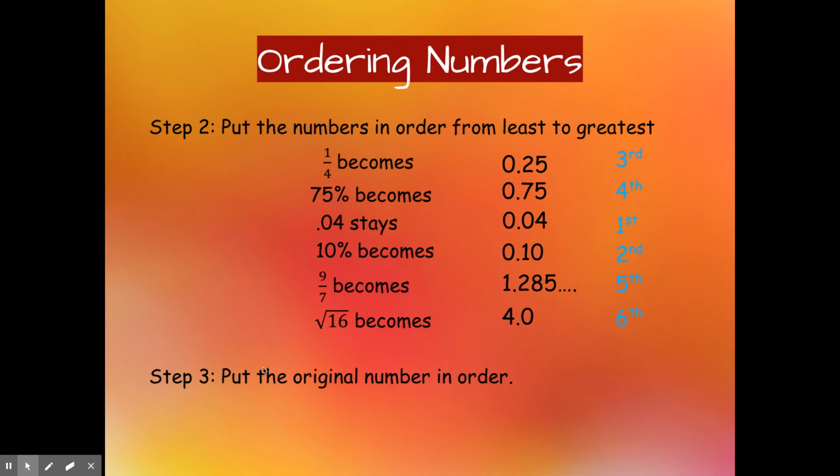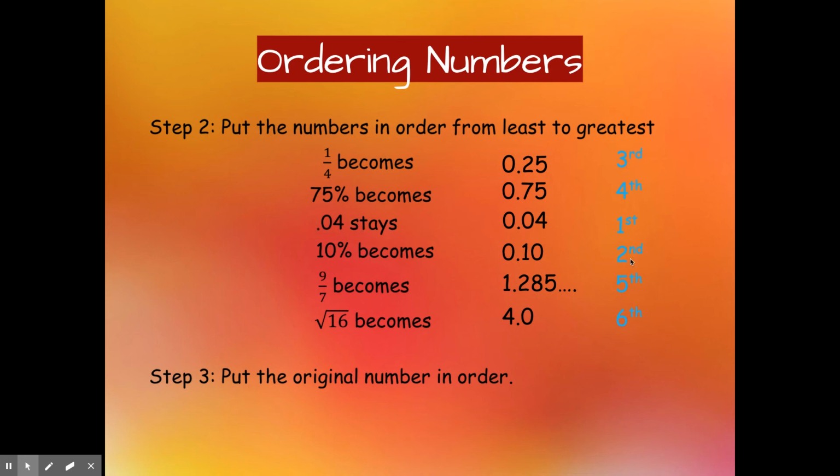Now I'm going to write the original numbers in order. So here are my original numbers. These are what I started with, so when I rewrite these, I need to make sure I'm rewriting my original numbers. Here's my first one, that 0.04. Well, that was already in decimal form, so that can stay 0.04.